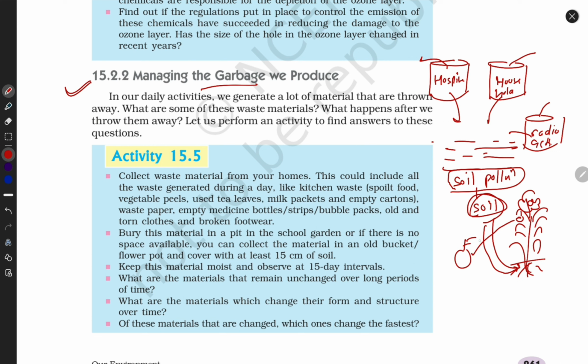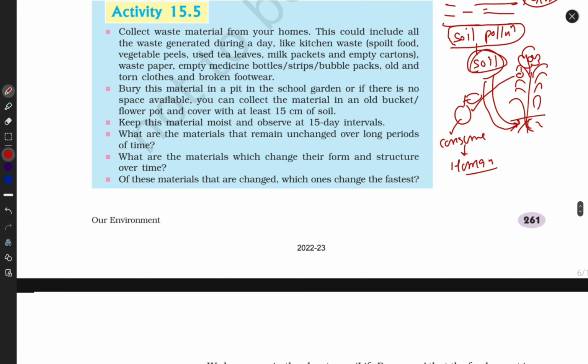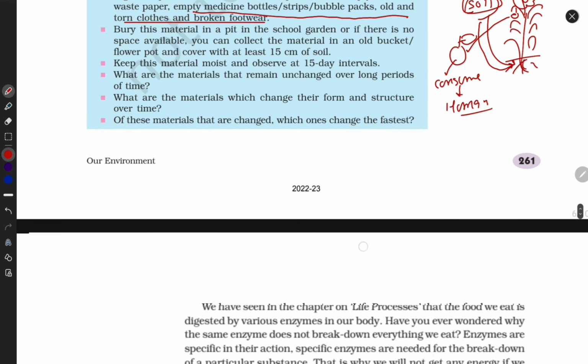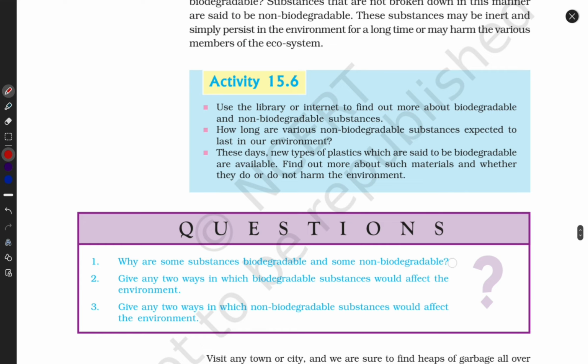If their fruit is affected and we consume that kind of food, then humans are affected. So managing garbage is very necessary. Dig deep, bury long-lasting things and let them decompose. Medicines, bottles, strips, bubble packs, they all contribute to soil pollution.